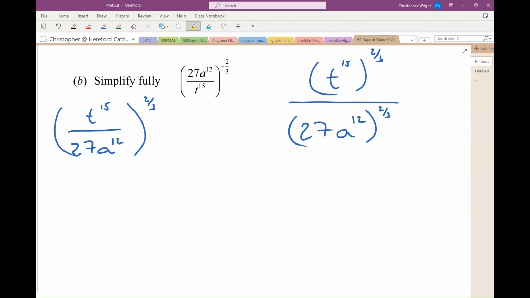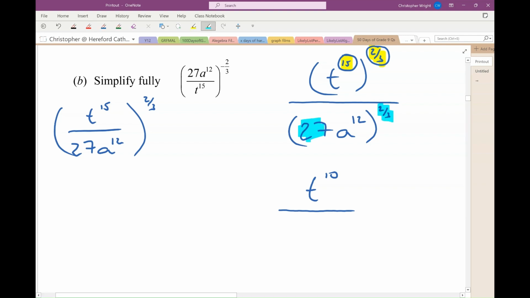Now, if I look at the top there, when you've got something to the power of 15 and you raise that to the power of 2/3, then you simply end up with t to the power of 15 times 2/3. Those are your rules of indices, aren't they? And 15 times 2/3 is 10. So the top is simply t to the power of 10. Now the denominator, the bottom here, I've got 27 to the power of 2/3.